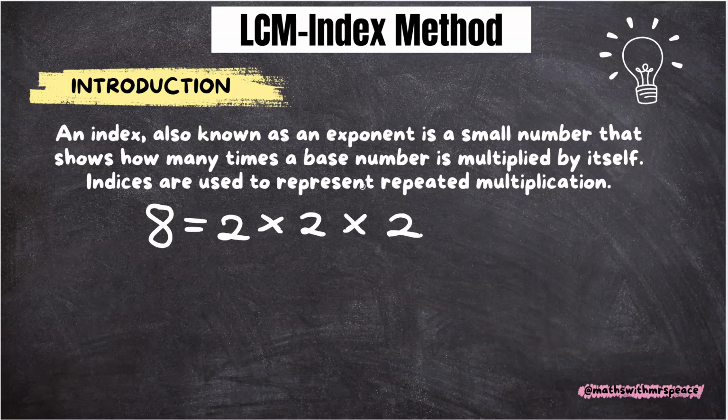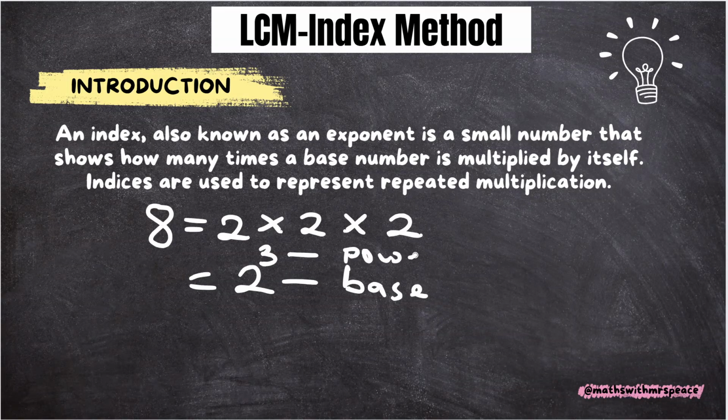In index form, this can be written as 2 raised to the power of 3. It shows you how many times the multiplication of 2 is done. In 2 raised to the power of 3, we call 2 the base, and 3 we call the power or index.